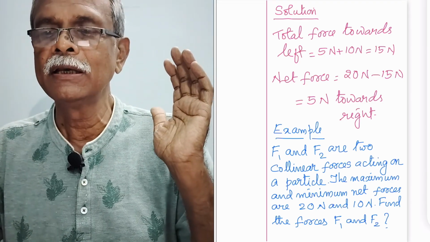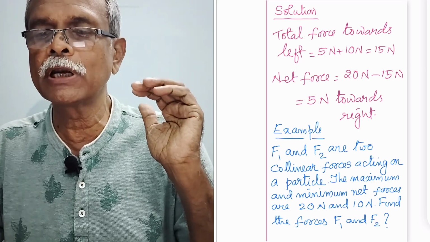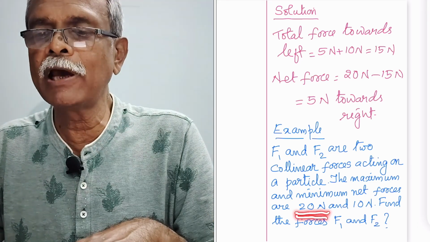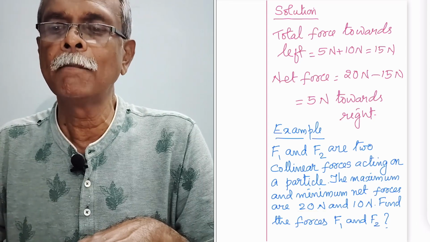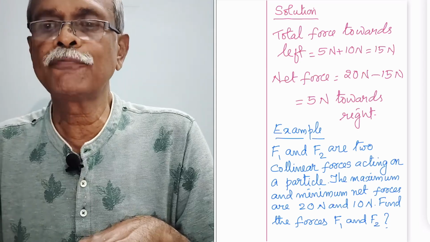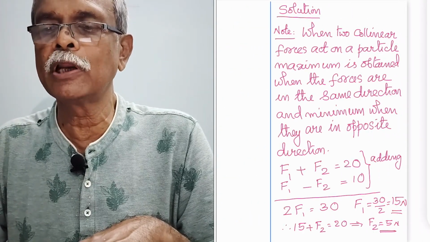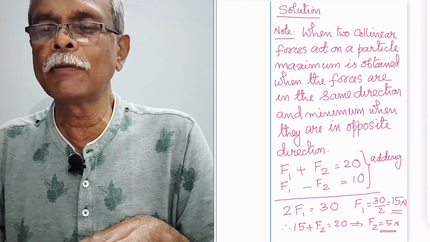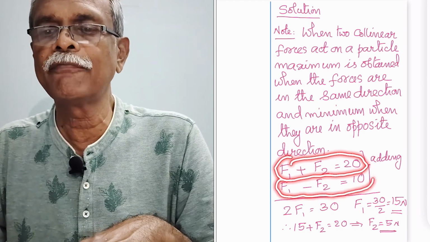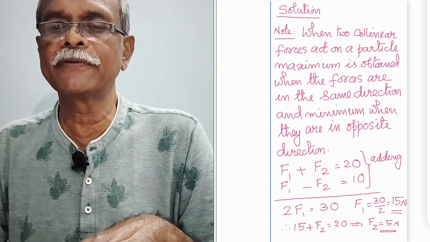It is given that the maximum value is 20 Newton, that is F1 plus F2 is 20 Newton, and the minimum value is 10 Newton, that is F1 minus F2 is equal to 10. Therefore, we have F1 plus F2 is equal to 20, F1 minus F2 is equal to 10. There are two unknowns, F1 and F2, and two equations.